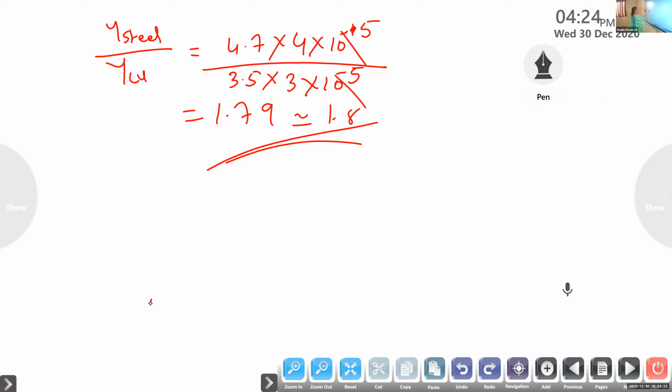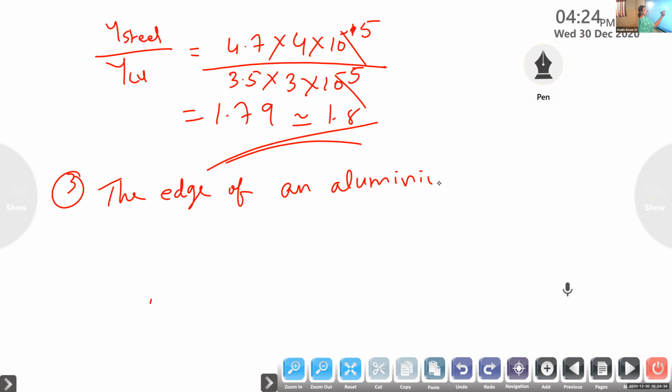The edge of an aluminium cube is 10 centimeter long.